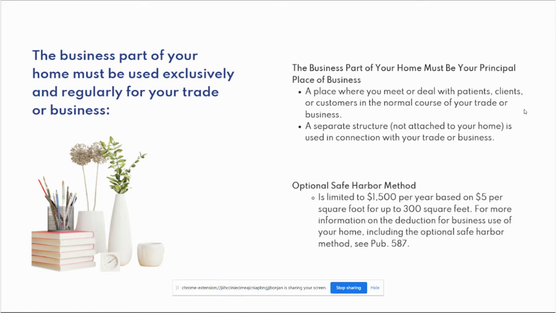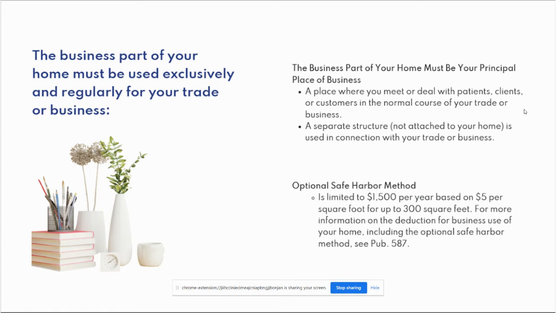It's dedicated, and I'm using it exclusively and regularly for my trade or business. So if I'm meeting a client, I meet in this office. If I'm seeing a patient, I sit in this office. If I'm sitting with a customer, I meet in this office. That's how you can define it as being used exclusively and regularly.